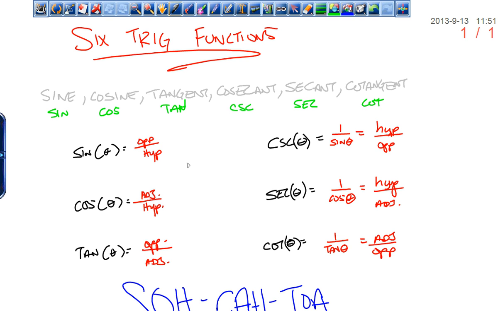Cosecant is 1 over sine, so we're flipping it: instead of opposite over hypotenuse, now it's hypotenuse over opposite. Secant is 1 over cosine, hypotenuse over adjacent. And cotangent is 1 over tangent, adjacent over opposite.